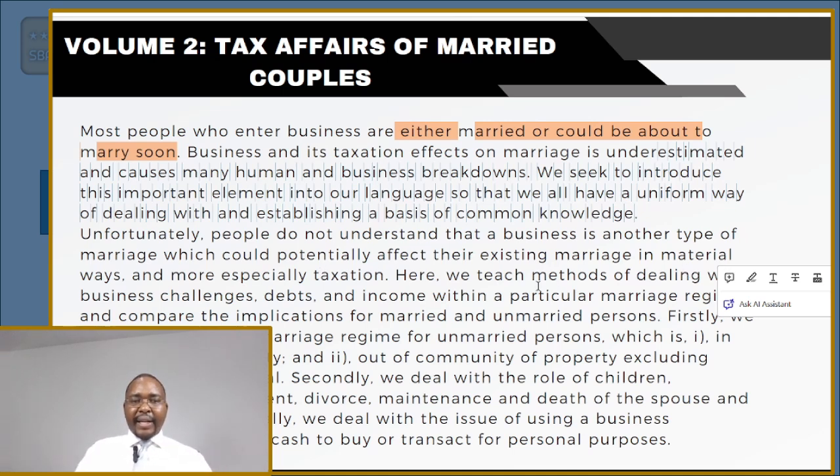And we understand that there are two marriage regimes. There is in community of property and out of community of property, excluding accrual. And also, besides talking about the married couple, we also need to understand how a business is affecting the children.